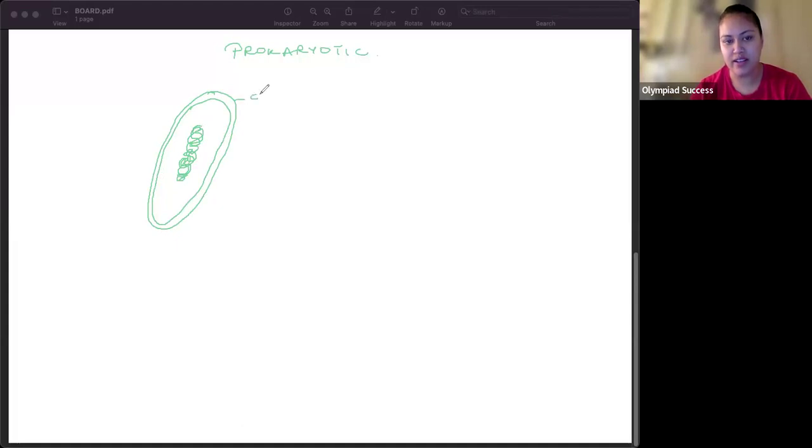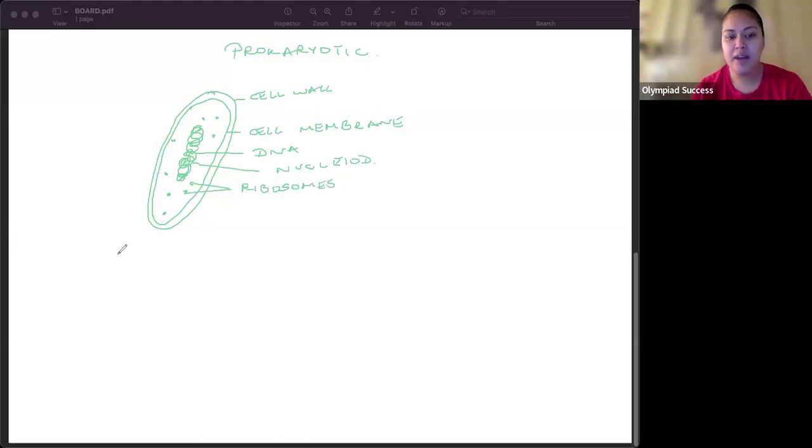So you have your cell wall, you have the cell membrane. This is the DNA present in the nucleoid region. Other than that, you will have ribosomes everywhere. Ribosomes are membraneless organelles, so they are present in the prokaryotic cell.